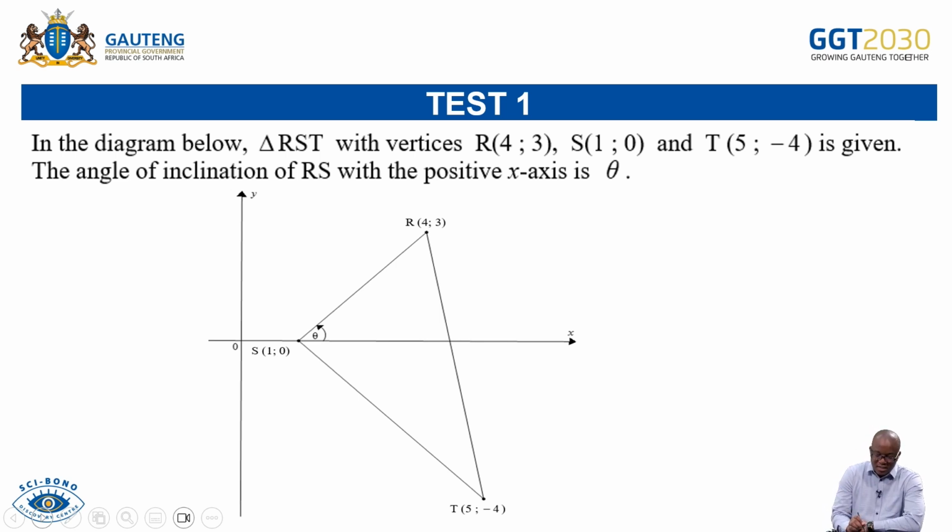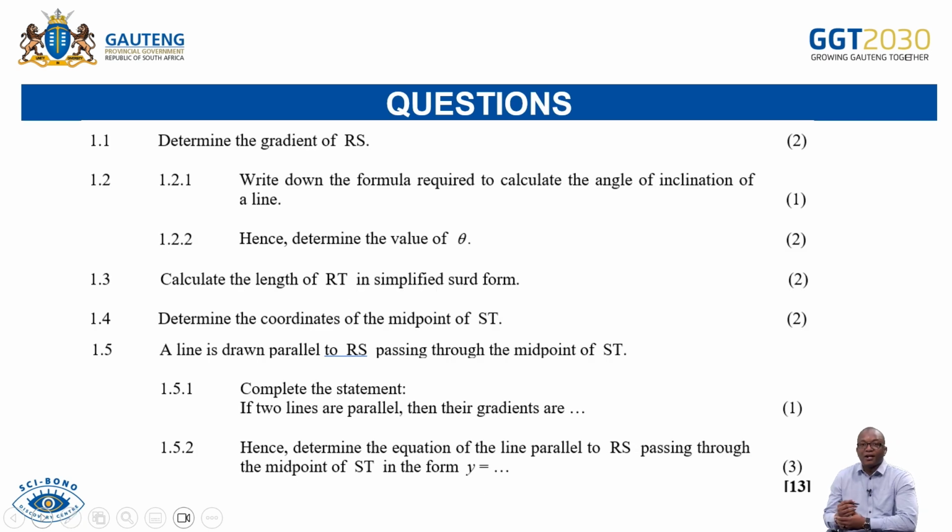It's indicated in the diagram. So now we have our diagram and we also have our questions. You can see that this test was having 13 marks, and we have to read the questions carefully and also use the diagram to answer those questions.